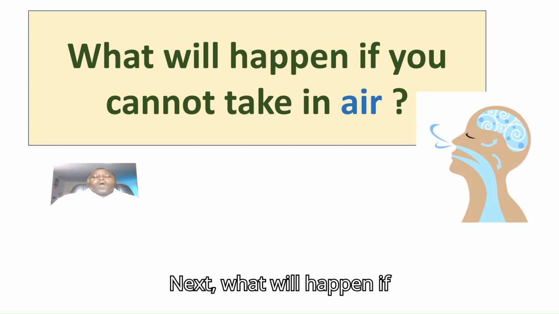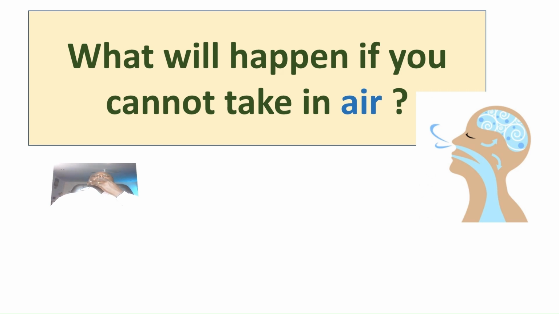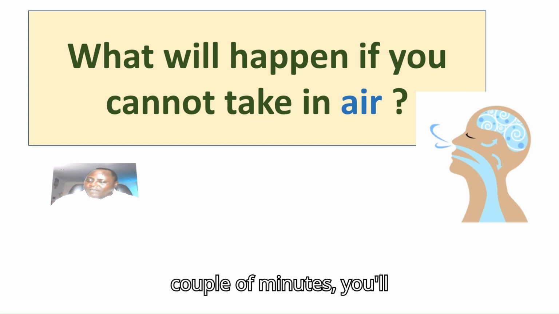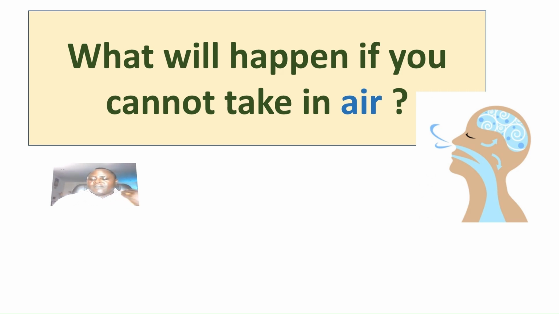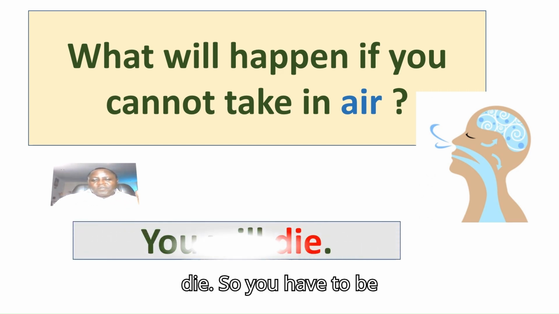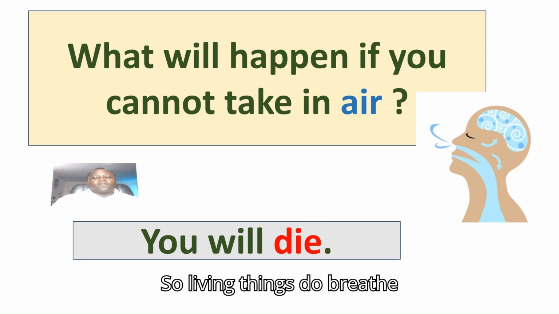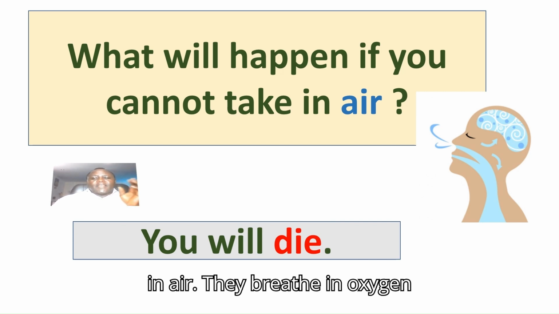Next, what will happen if you cannot breathe in air? If you cannot have air for a couple of minutes, you will die. So you have to be careful, okay? You will die. So living things do breathe in air.